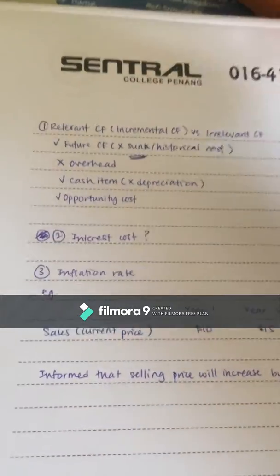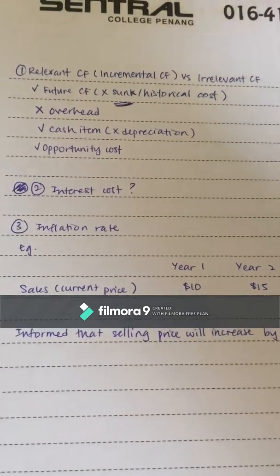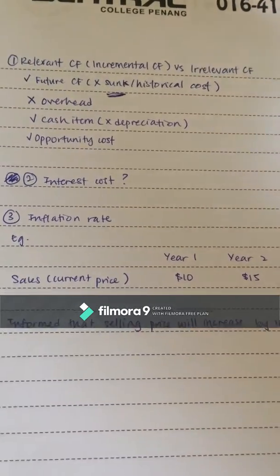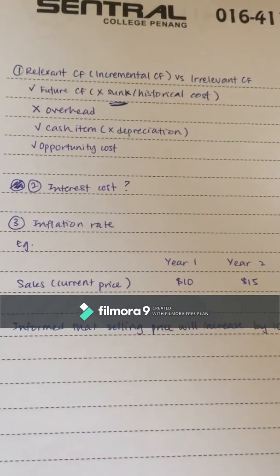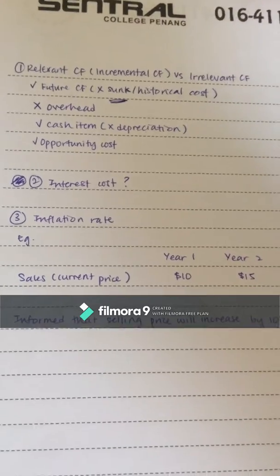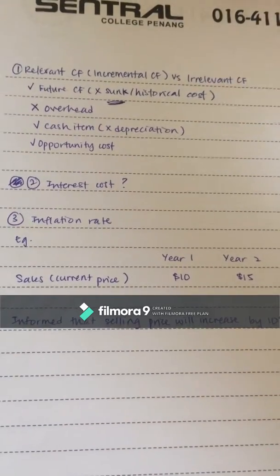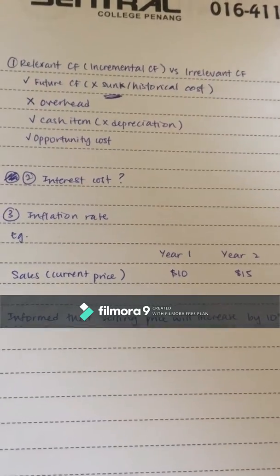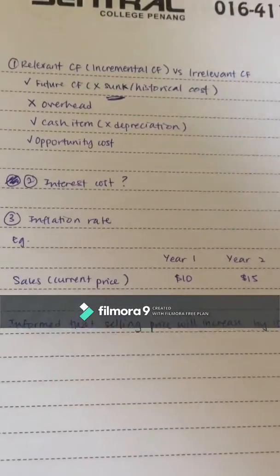So is overhead. Overhead is not to be included because, for example, your company is having many projects, not just this one project that you're calculating NPV for. You have a finance department where you pay all your staff, and these staff are not directly working in this project.